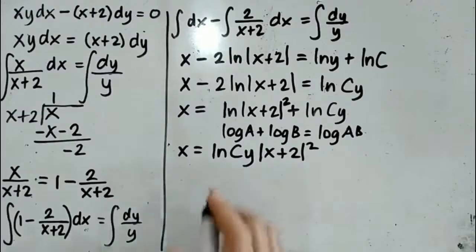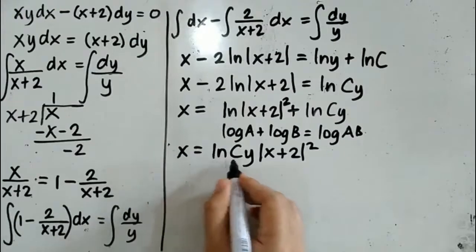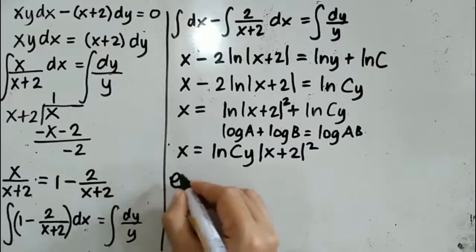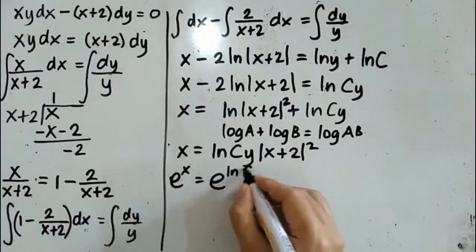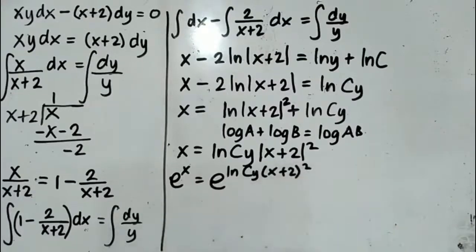Then, in order to take out ln, we can raise everything to e. So e to the x equals e to the ln of cy times (x plus 2) squared.